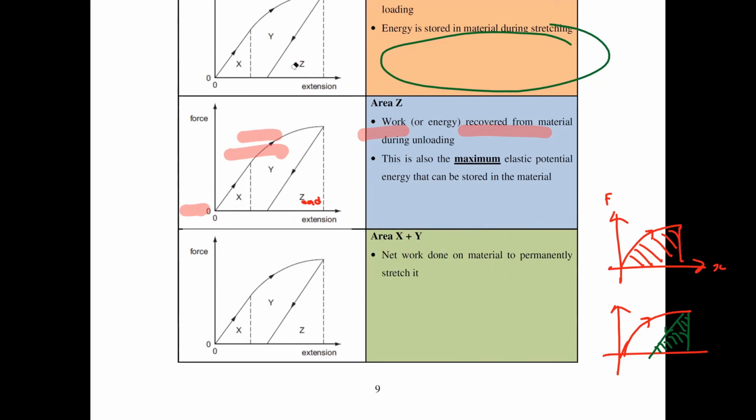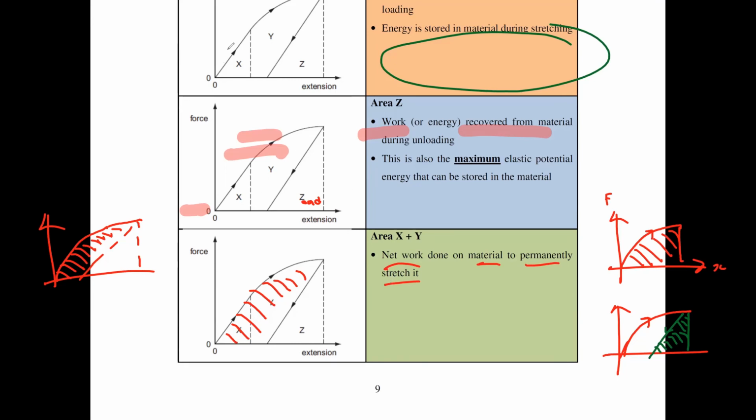Area X plus Y is this one. Okay. What does this area X plus Y represent? Like this, it is representing this one. Okay, that one represents the net work done on the material to permanently stretch it.